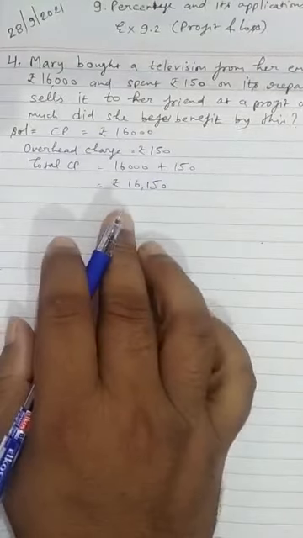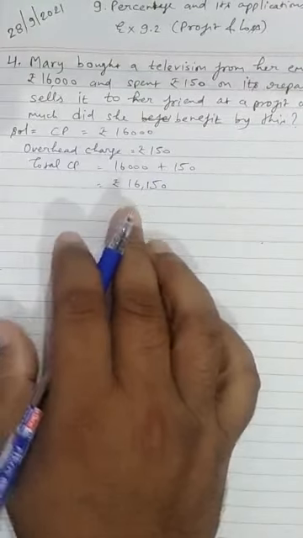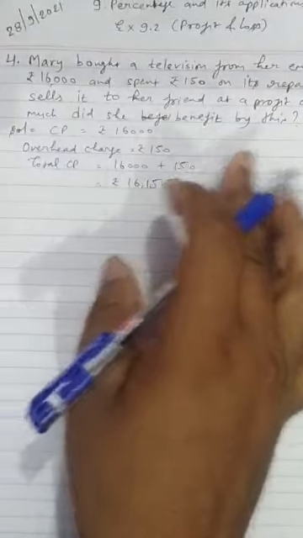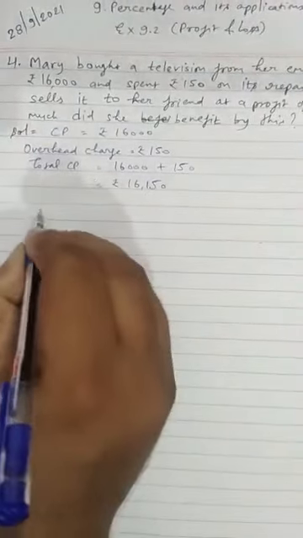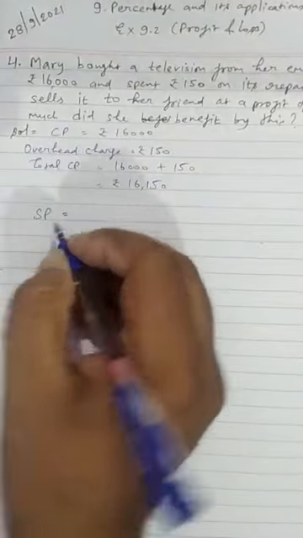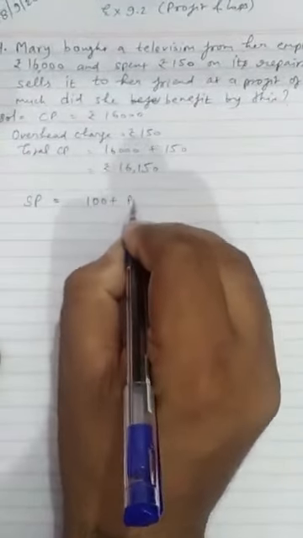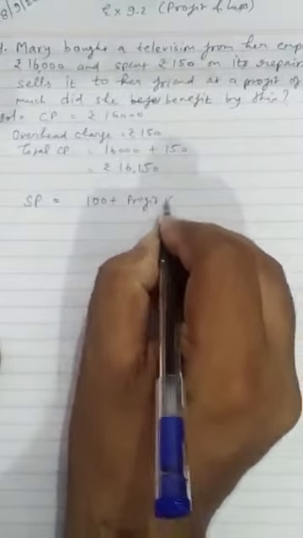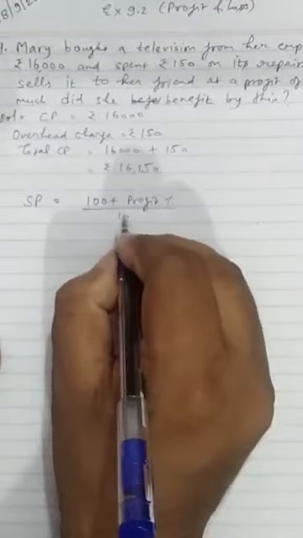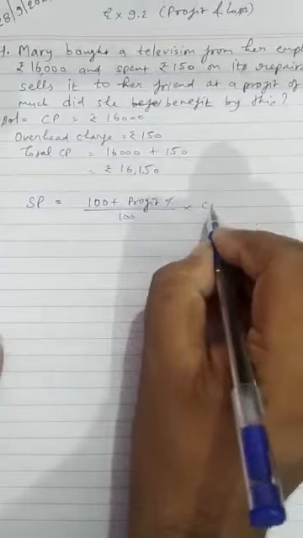Now without finding the selling price, we cannot find the benefit. The benefit is SP minus CP. So formula for SP in the case of profit is 100 plus profit percent upon 100 into CP.